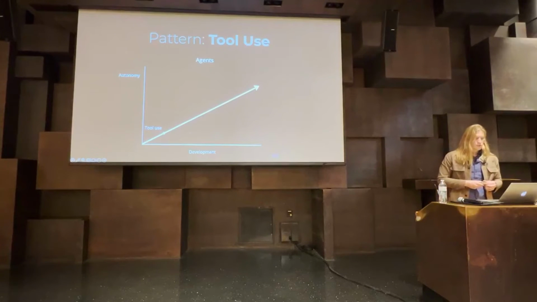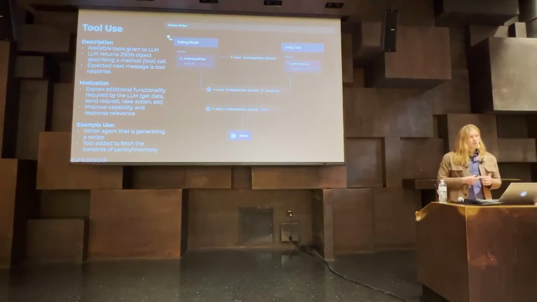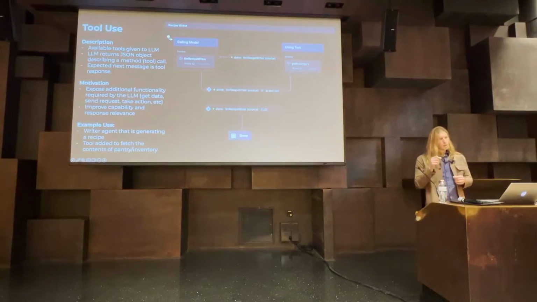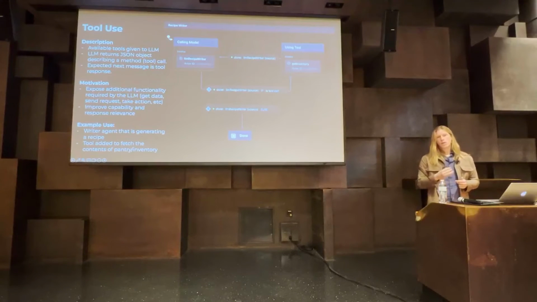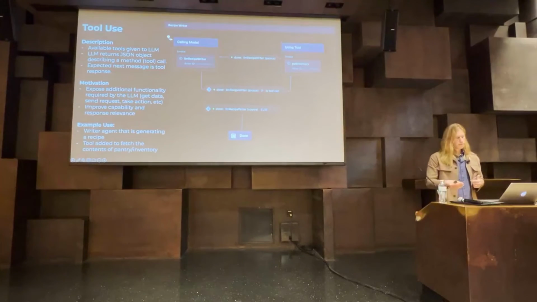So let's look at tool use. In tool use, a list of available tools is given to the LLM, and the LLM doesn't invoke that tool or method call directly itself. Instead, it returns a JSON object which describes to the caller how that method should be invoked.